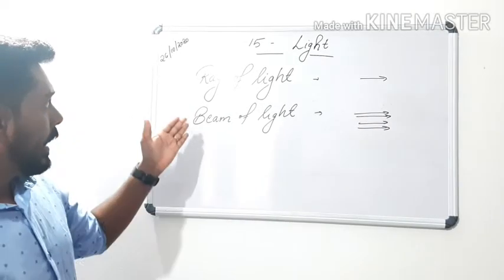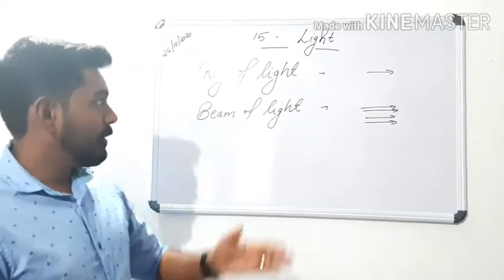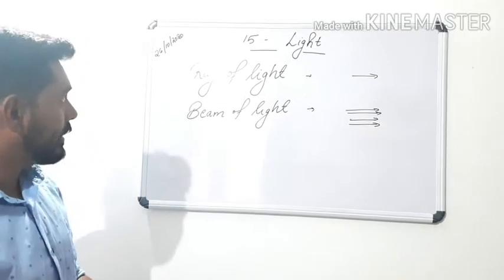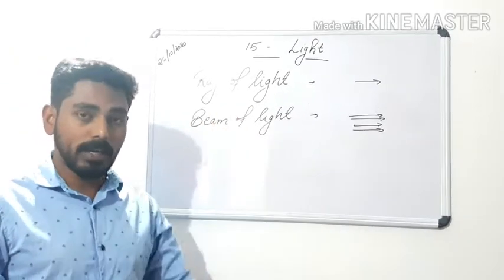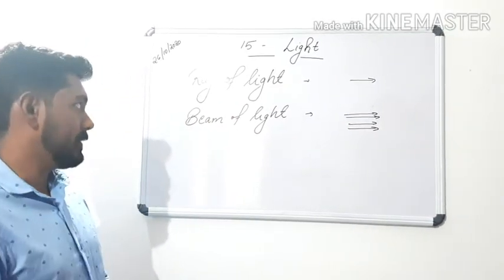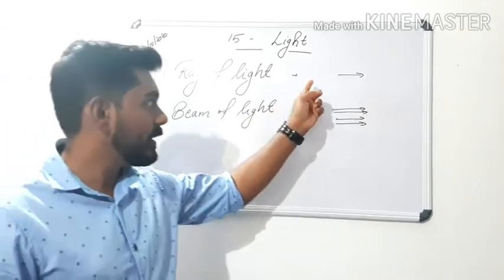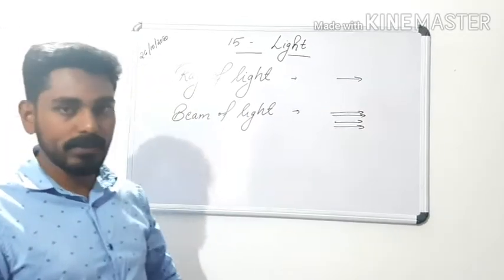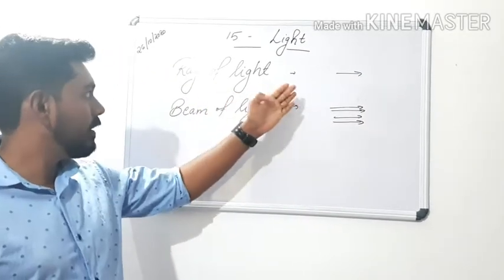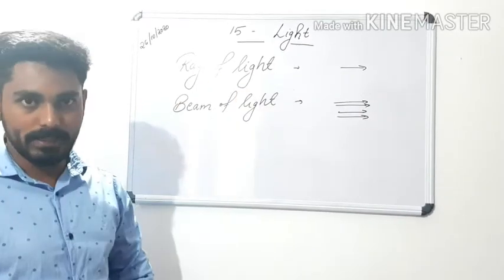What do you mean by a ray of light? We have already learned that light travels along a straight line path. So a straight line with an arrowhead denotes a ray of light.